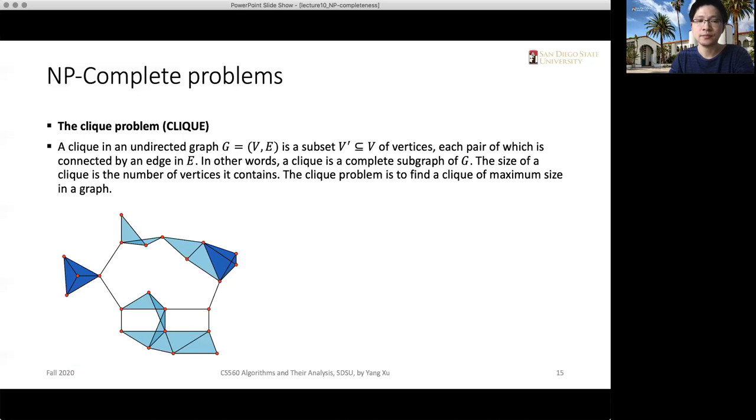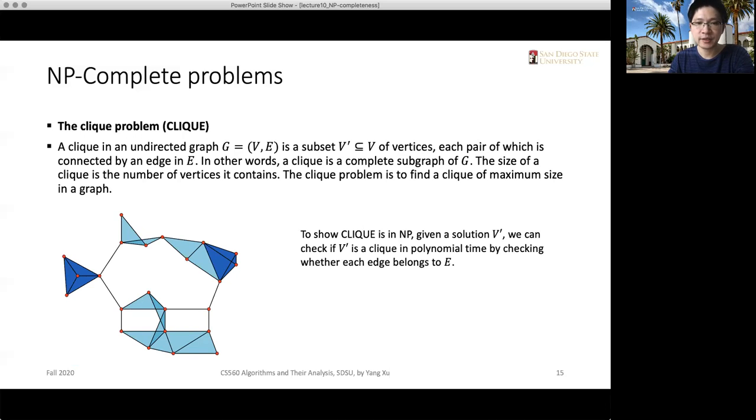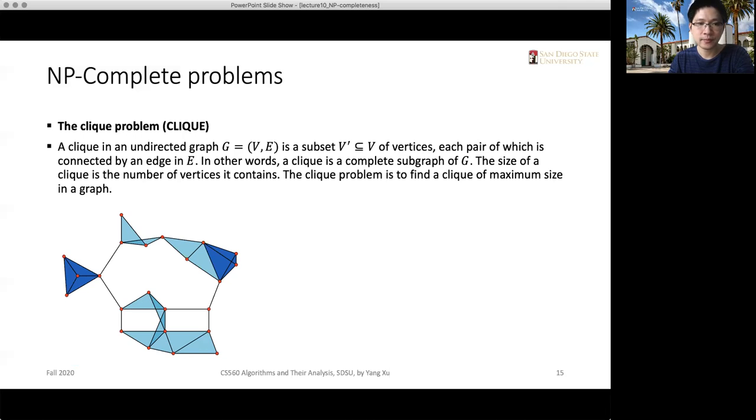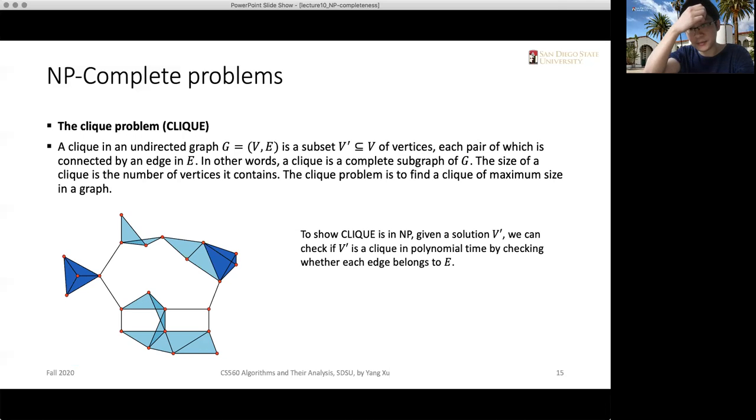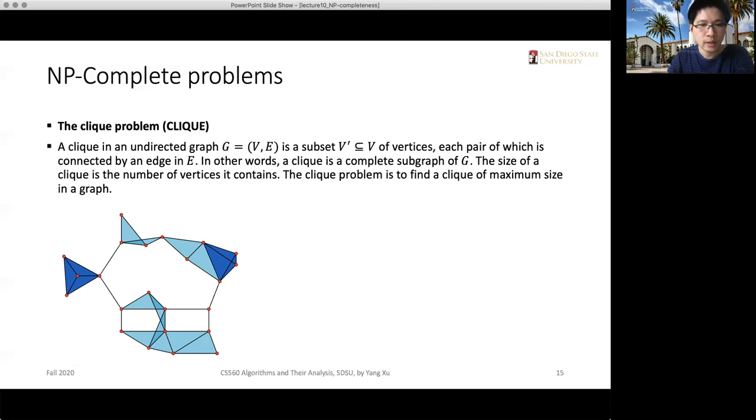So in the graph here, I think in this example, the clique is the red vertices. The size of a clique is the number of vertices it contains.